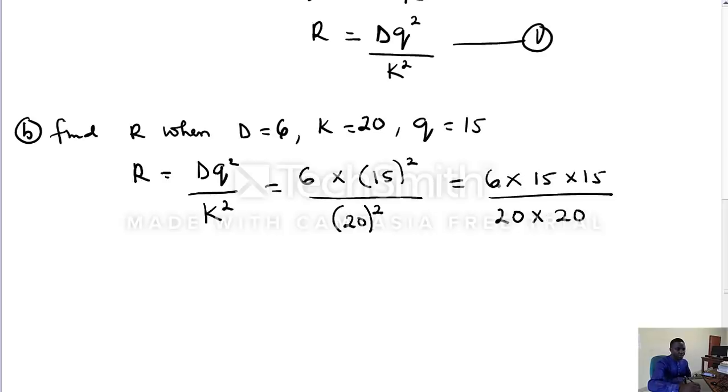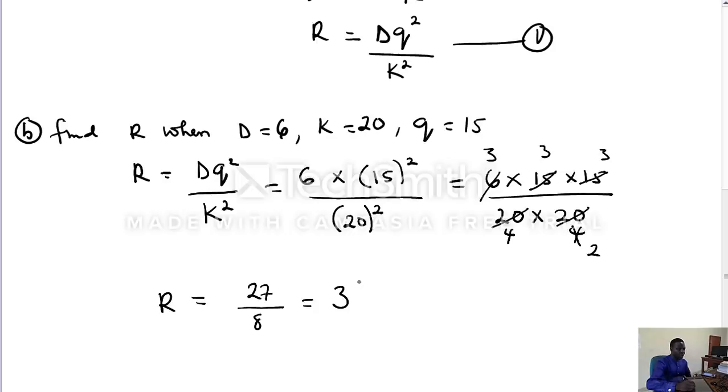So we are going to simplify it further, of which I know that 5 can divide 15 and 20. 5 into 15 is 3, 5 into 20 is 4, 5 into the second 15 is 3, into 20 is 4, but 2 can divide further. 2 into 4 is 2, and 2 into 6 is 3, so that my expression now becomes r is equal to 3 times 3 times 3, which will be 3 times 3 is 9, 9 times 3 is 27, 27 divided by 4 times 2 is 8, 27 divided by 8 will go 3 times, because 3 times 8 is 24, remainder 3 over 8.